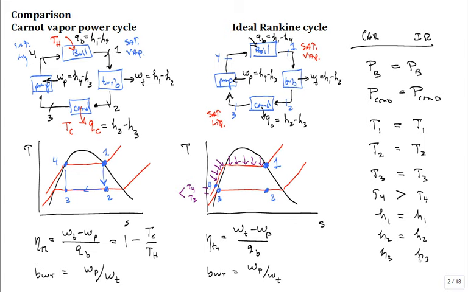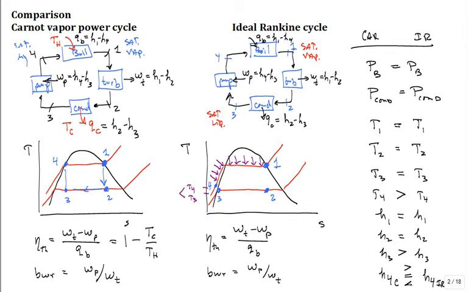Enthalpy at state 3? The Carnot is greater? Is that right? Okay. And then the next one will be a clicker question. H4 for the Carnot versus H4 for the ideal Rankine. Answer A, it's greater. Answer B, it's equal.